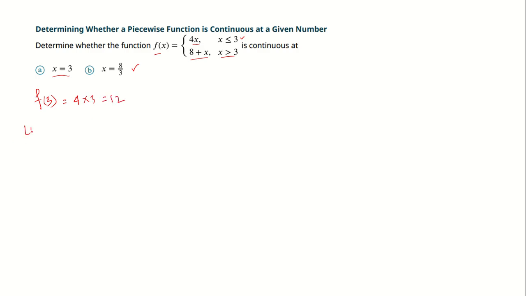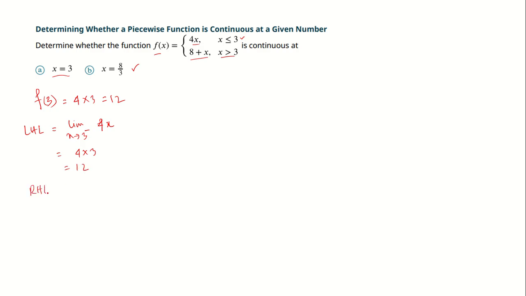Now the left hand limit, that is the limit as x tends to 3 negative of f of x. Which function will be considered here? First one, 4x. So the value is 4 times 3 equals 12.